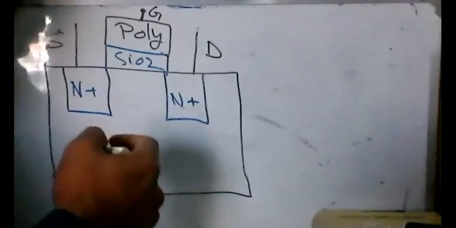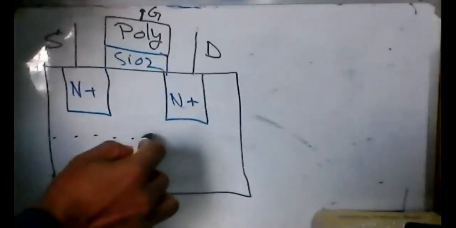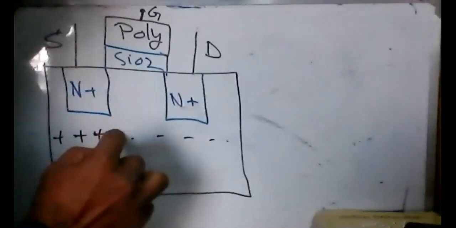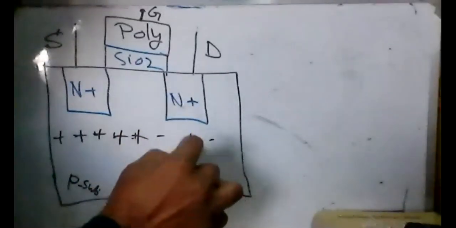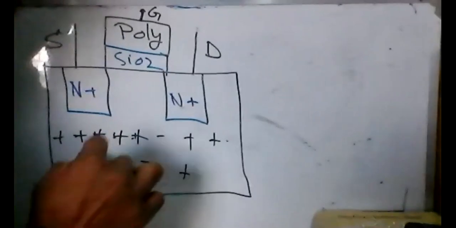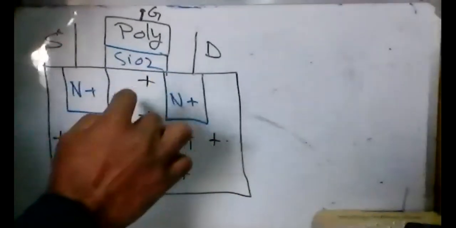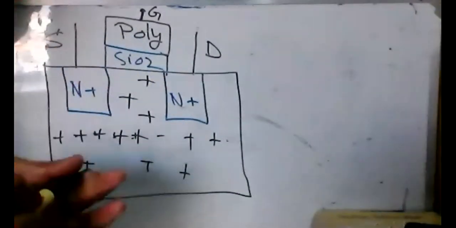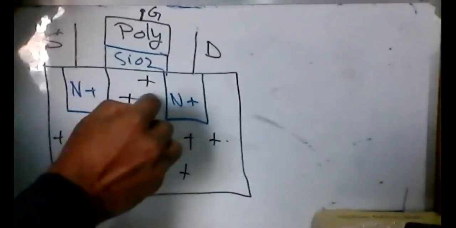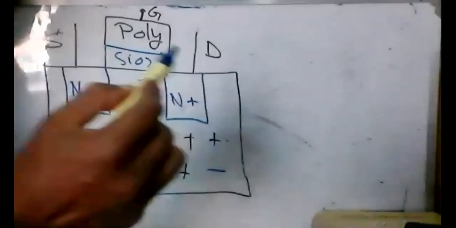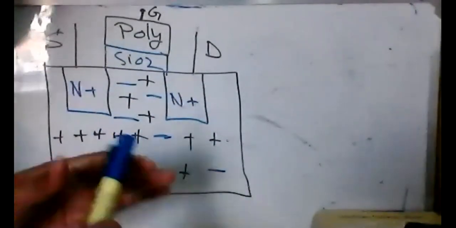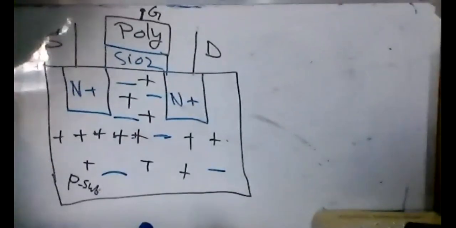When it is a P substrate, that means there are lots of plus, lots of holes, and there are a few electrons. This is the characteristic of a P substrate.